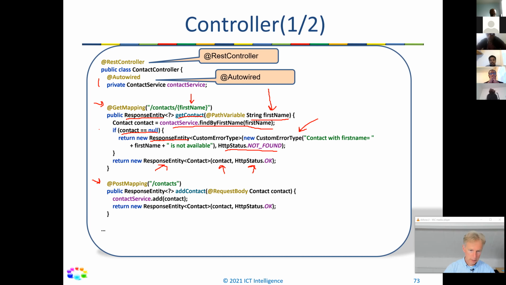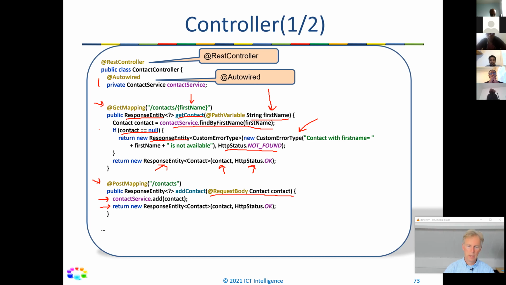Then post mapping. So I want to add a new contact. The URL is /contacts, but you see a request body. I send the contact in the body of the request. And then the logic is basically add that contact to the list and return that same contact in the ResponseEntity.